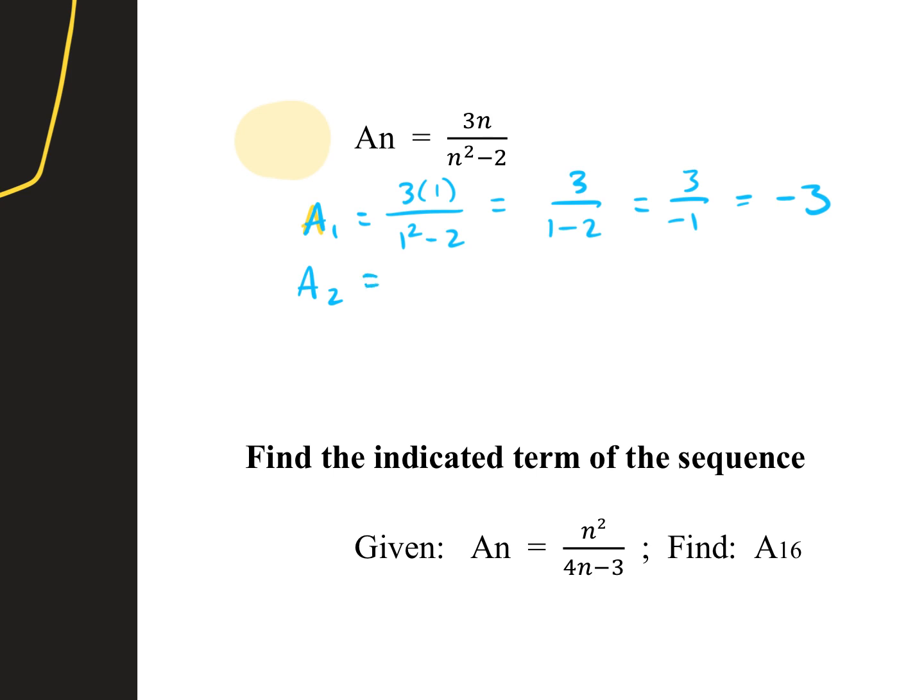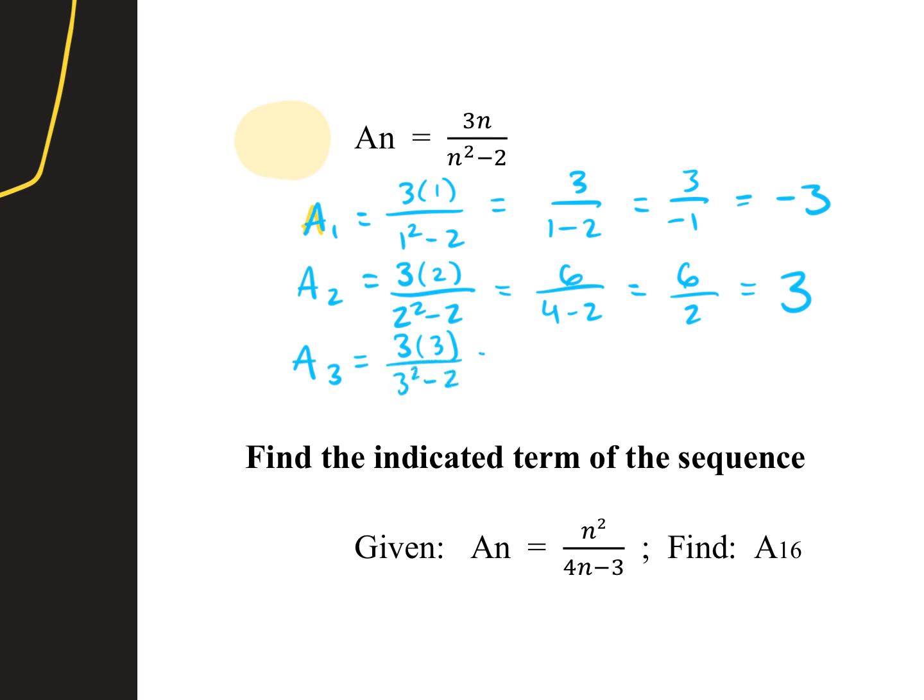To find our second term, we plug in 2. So 3 times 2 over 2 squared minus 2. So 6 over 4 minus 2 would be 6 over 2, which is 3. Find our third term, we plug in 3. So 3 times 3 over 3 squared minus 2.